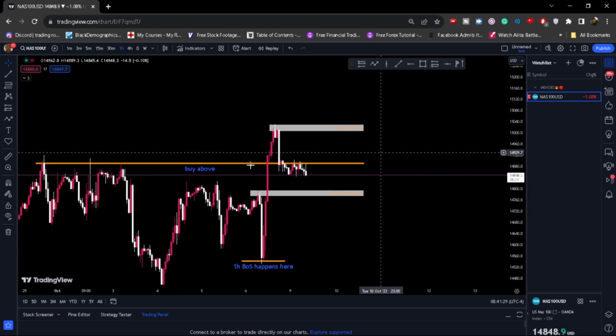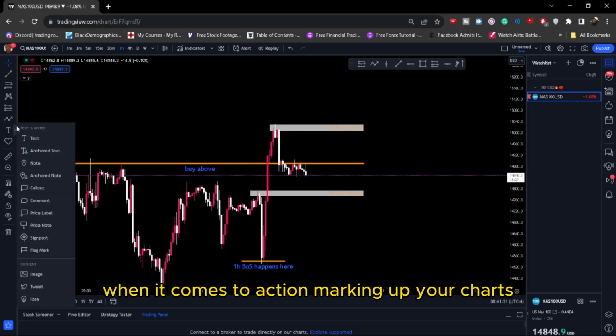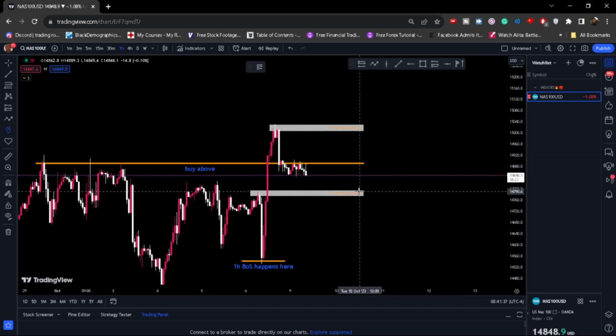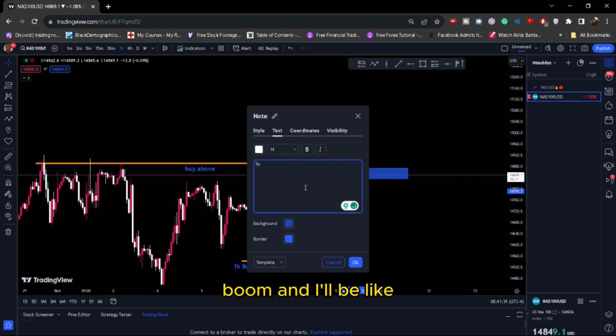This is basically how I would mark up my charts. Now, guys, when it comes to marking up your charts, I'll tell you exactly what to do. I'm going to open a note right here, boom, and write: price has to give a 5-minute break of structure to enter.